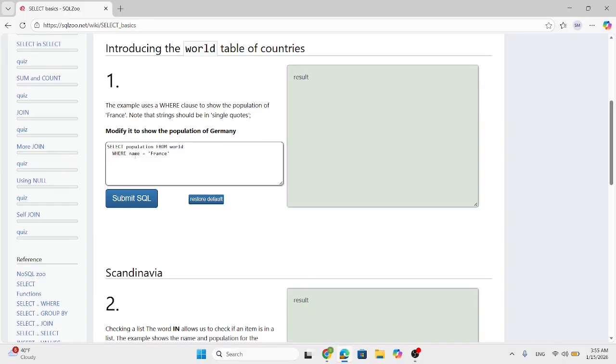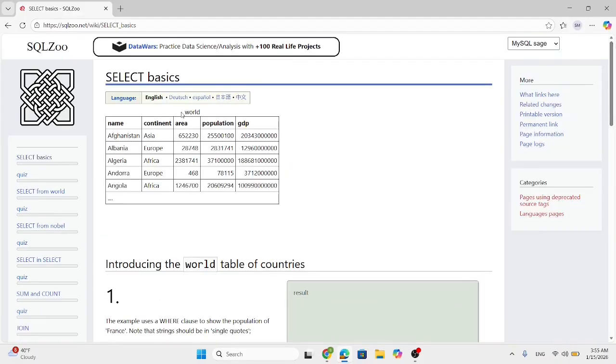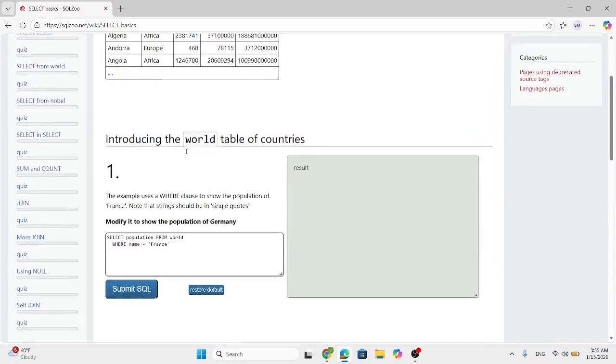For example, as you can see, we select population from the world table where name is France, but modify it to show the population of Germany. By the way, our table is here. It's world. The first column is the name of the countries, the second is the continent of these countries, and then their area, population, GDP, and so on.